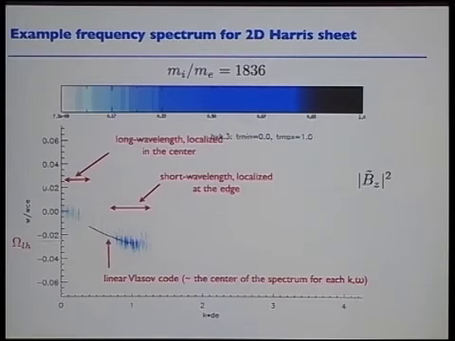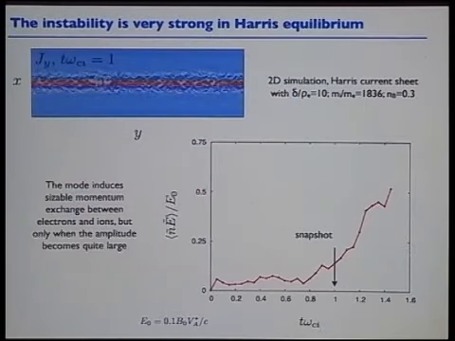Trying to find the fastest growing one and tracking it as a function of k is tedious. But if we do that, these short wavelength traditional lower hybrid modes seem to fall along the same branch as these longer wavelength ones. That's another reason why I think, unless someone can correct us, that it's fair to call them a long wavelength lower hybrid mode. So it's very strong in a Harris sheet.